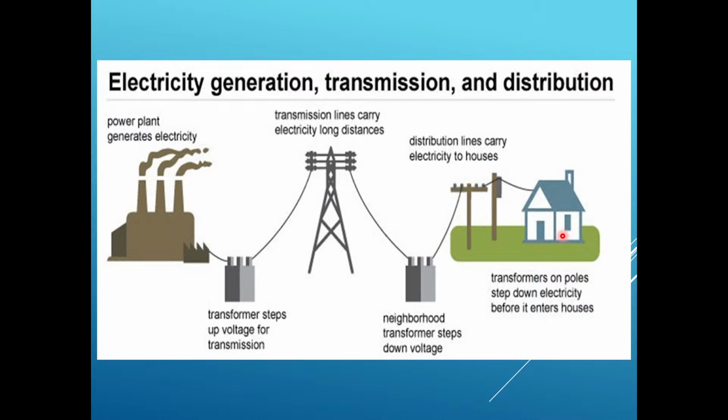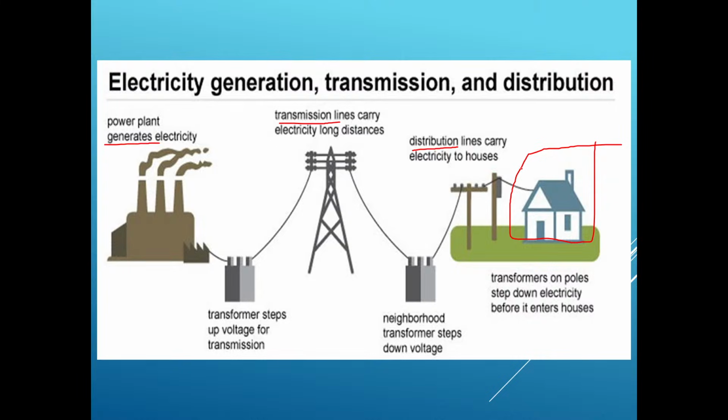Now, electrical energy is generated, then it is transmitted. After that, it is distributed to the load. Here I have shown you only one house. We know many houses will be there.